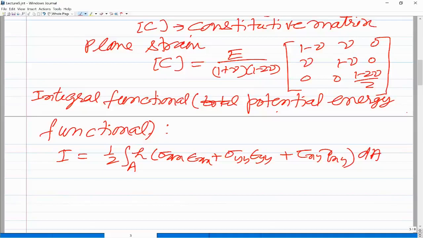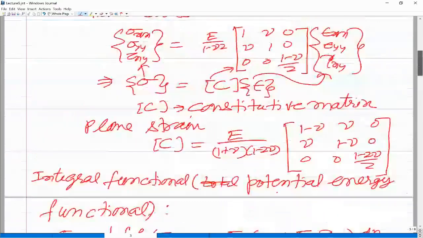Sir, I have one doubt regarding the plane strain condition. In plane strain, our strains will be zero, but stresses will be there, right? Yeah, correct. If we want to write sigma equal to C into epsilon, in that case sigma will have a total of 6 components. Yeah, but here I am writing the independent components of stresses.